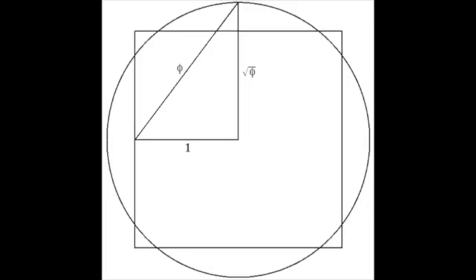The Kepler triangle was then plotted into this base 4 square as sharing its base 1 unit length and the right angle at the 4 square's axial crux. The 4-unit square then yields a circle by rotation that has a radius of the square root of phi.